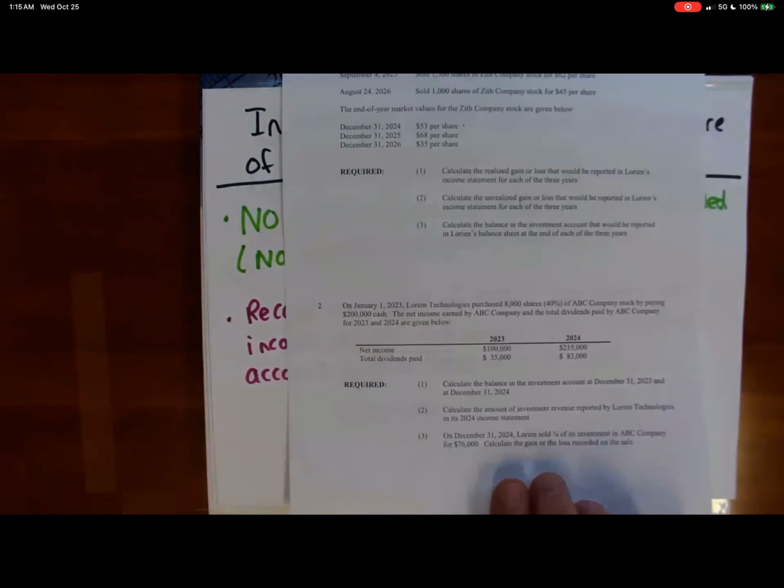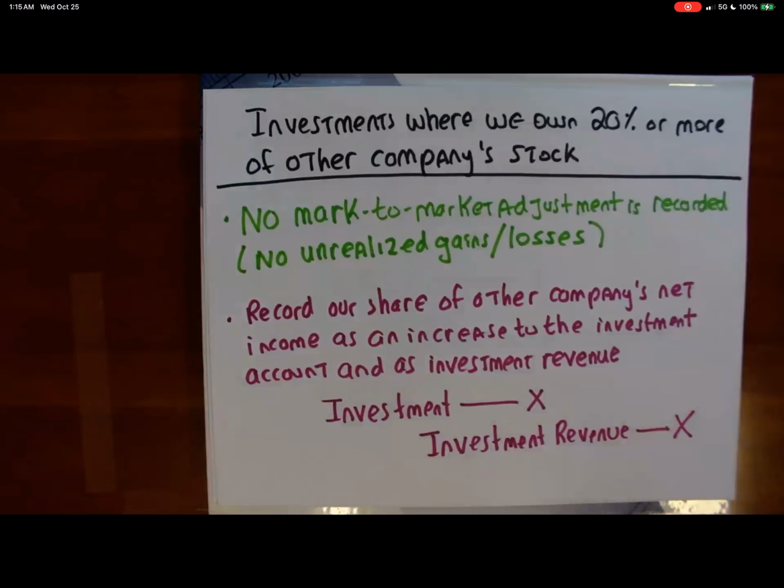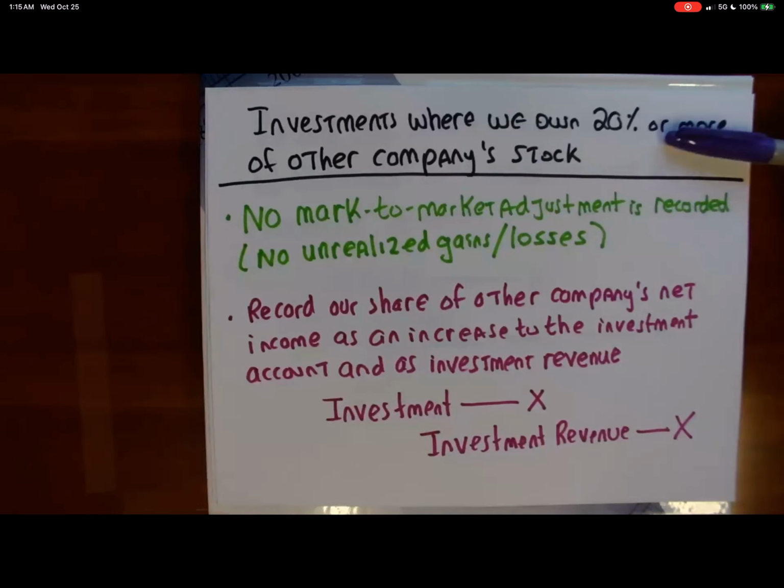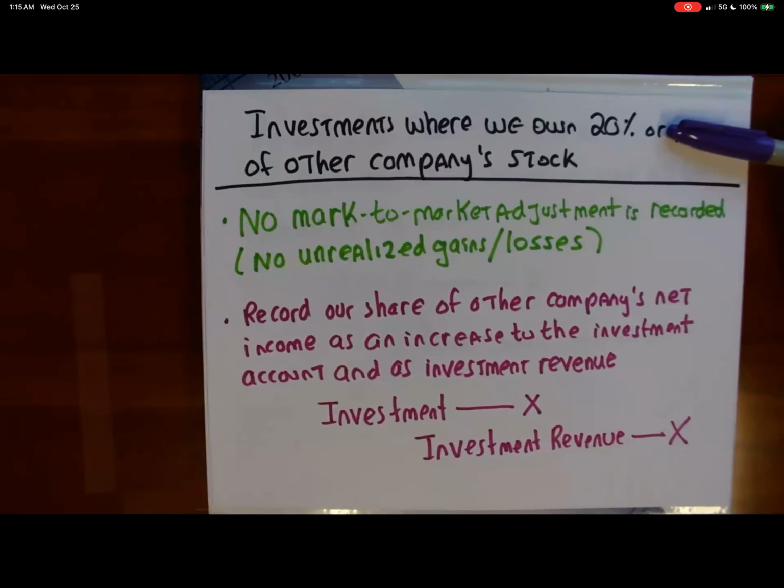This is also a good one. On January 1st of 2023, Larian Technologies purchased 8,000 shares of ABC company stock, representing 40% of their outstanding stock. 40%, greater than 20%.